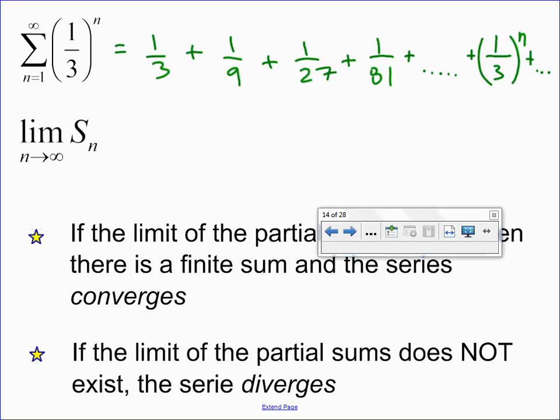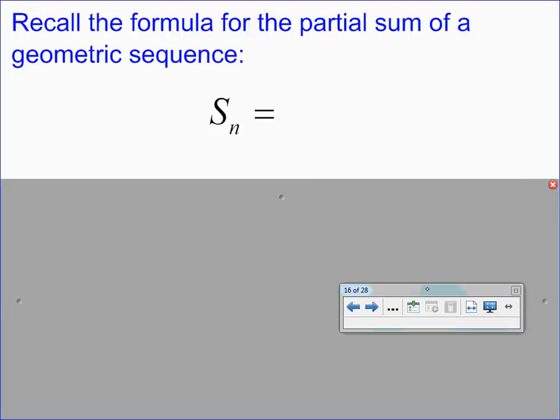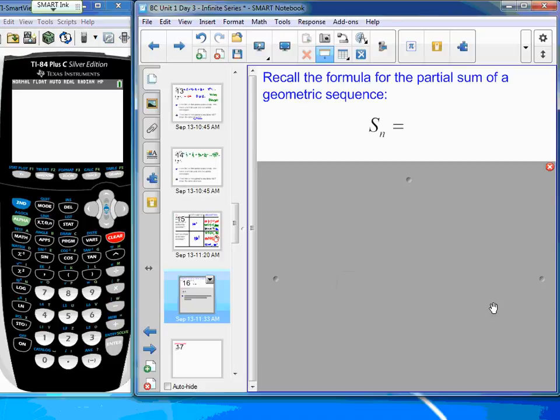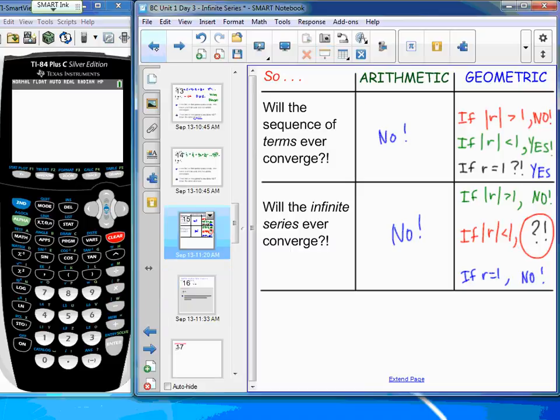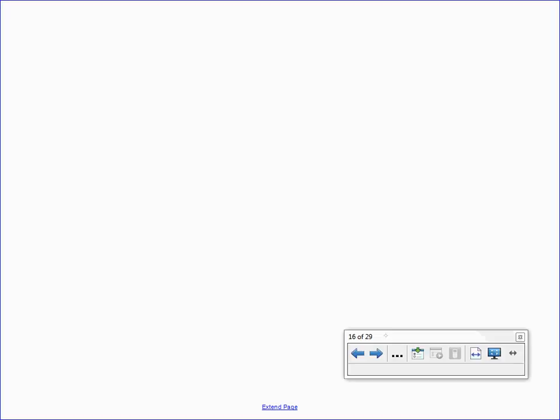So could we consider the limit as n goes to infinity of a geometric series and see if there's a particular value that's being approached? I want one more slide here.